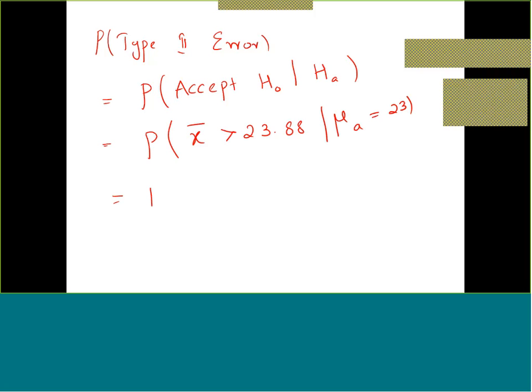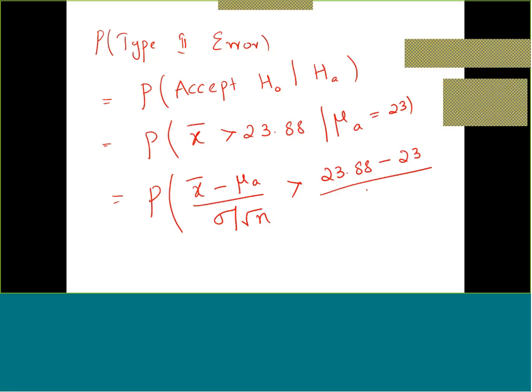Now again, how do you calculate the probability? Convert it into normal. So X bar under HA it is mu A by sigma by root n is greater than 23.88 minus 23 by sigma, what is the sigma value?